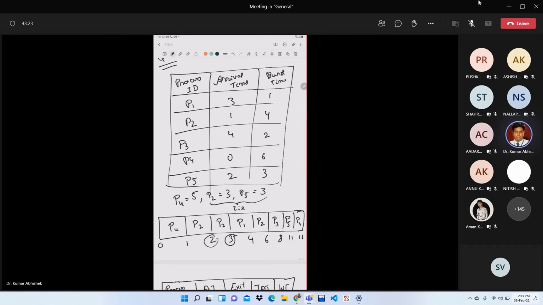And then what will happen at time 3? At time unit 3, what happens? This reduces to 2, and what do we have at 4? Sorry, at time 3 we have P1. P1 equal to 1. So P1 is executing.